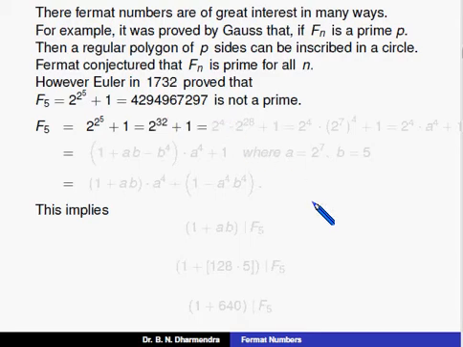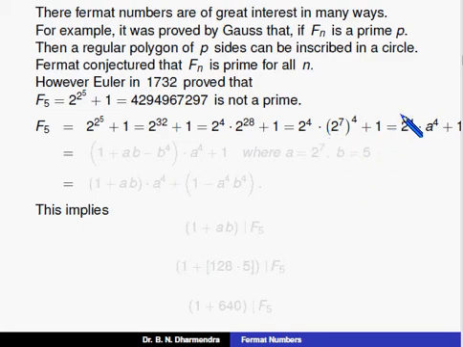So we have to split that base: the first one is 2 to the power of 4, the next one is 2 to the power of 28 plus 1. It can be rewritten as 2 to the power of 4, and 2 to the power of 28 can be written as 2 to the power of 7 whole to the power of 4, plus 1. Or it can be written as 2 to the power of 4 into a to the power of 4 plus 1, where a is equal to 2 to the power of 7.